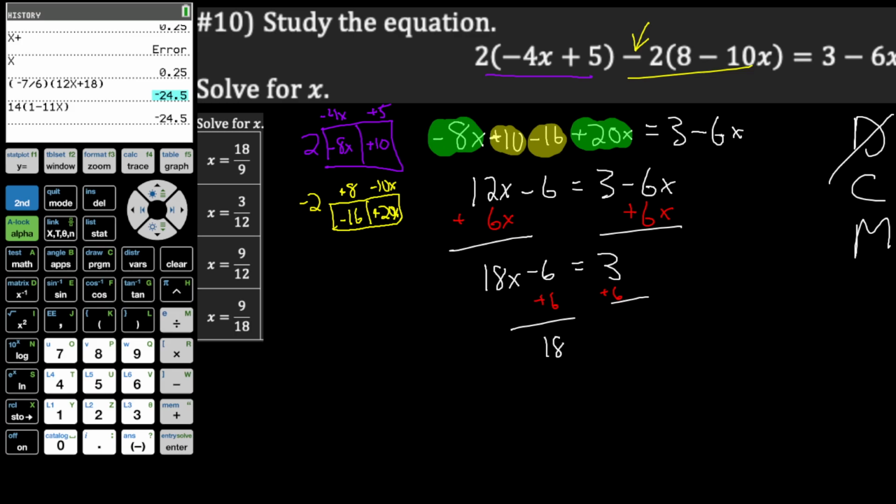And so I have 18x equals 9. Divide both sides by 18. And get your answer. So I can say that x is going to be equal to 0.5 or 1 over 2.